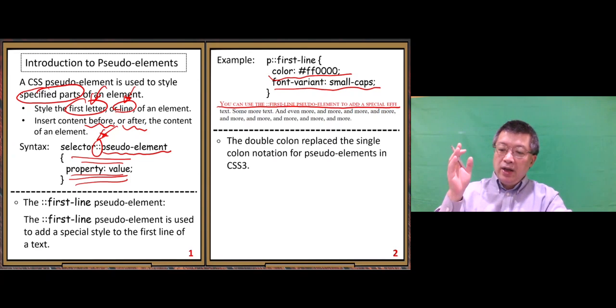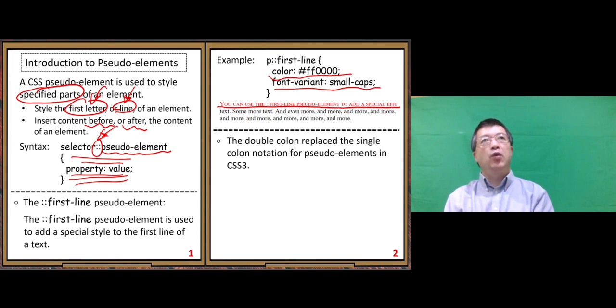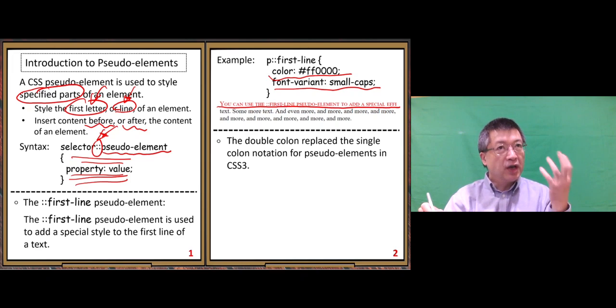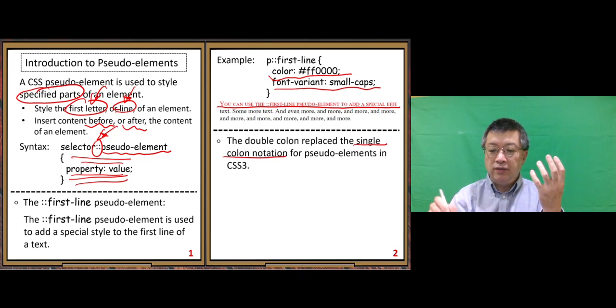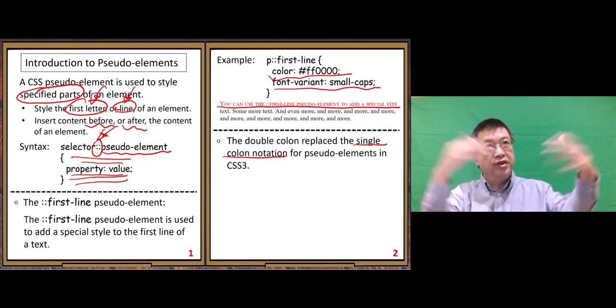All right, so here, something related to the versions. Double colon, single colon. So why double colon? The double colon used in the current version replaces the single colon notation. Single colon notation was used in previous versions.